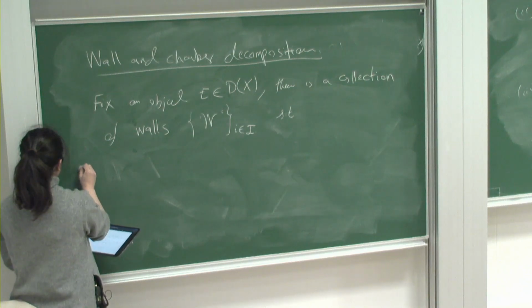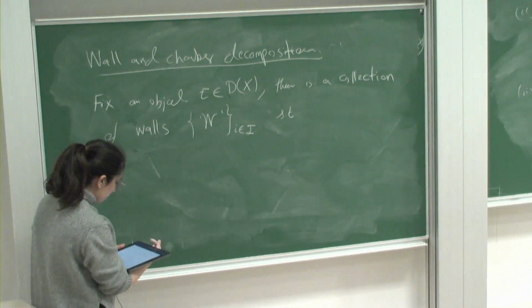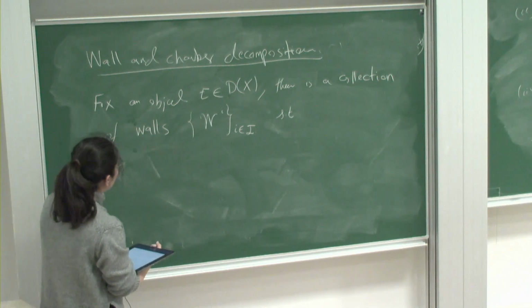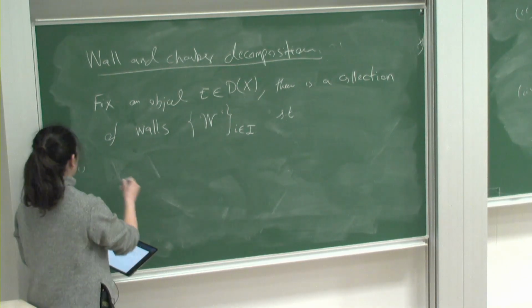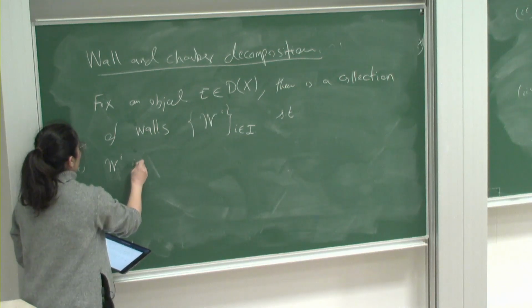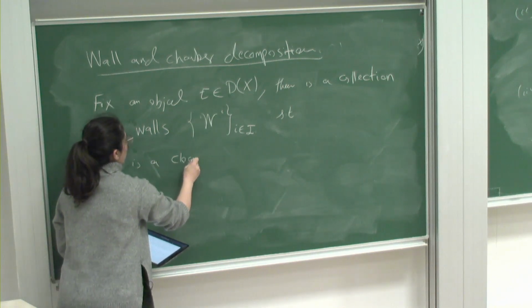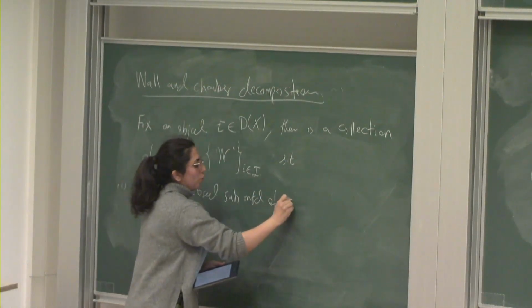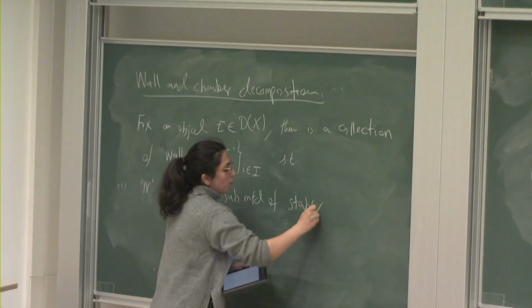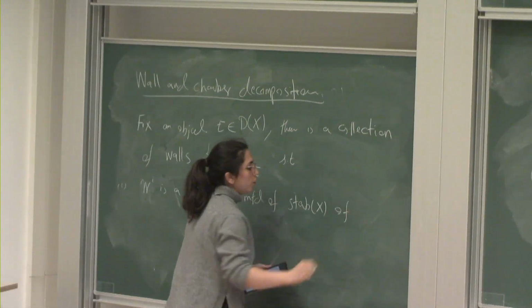The first thing that I want is that each of these W_i is a closed submanifold of Stab(X) of real codimension 1.